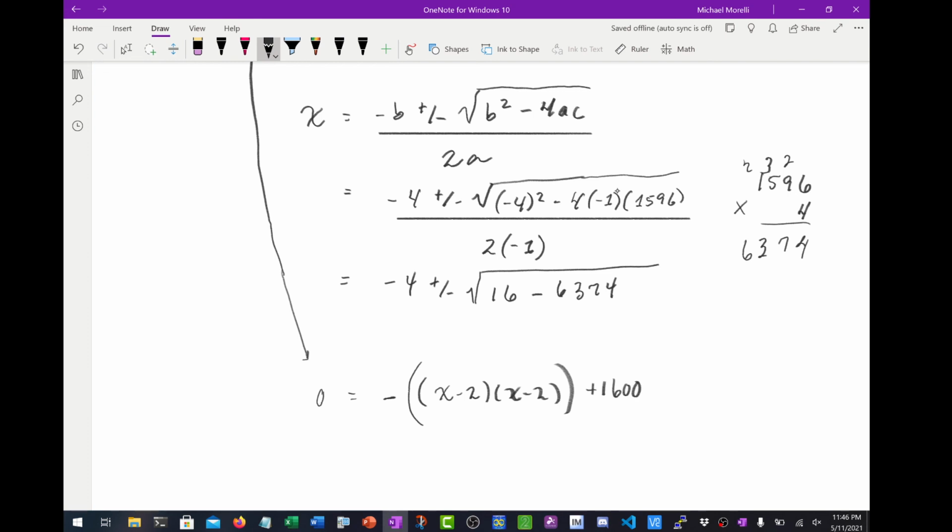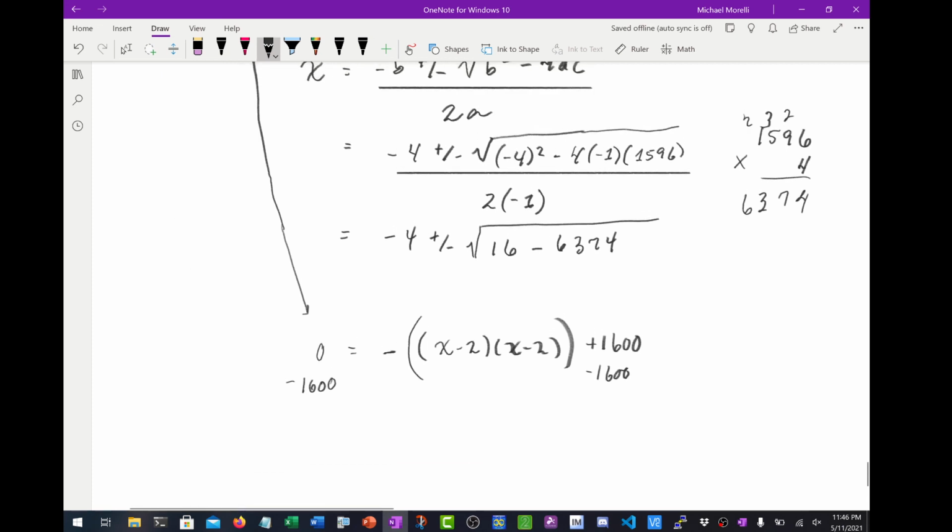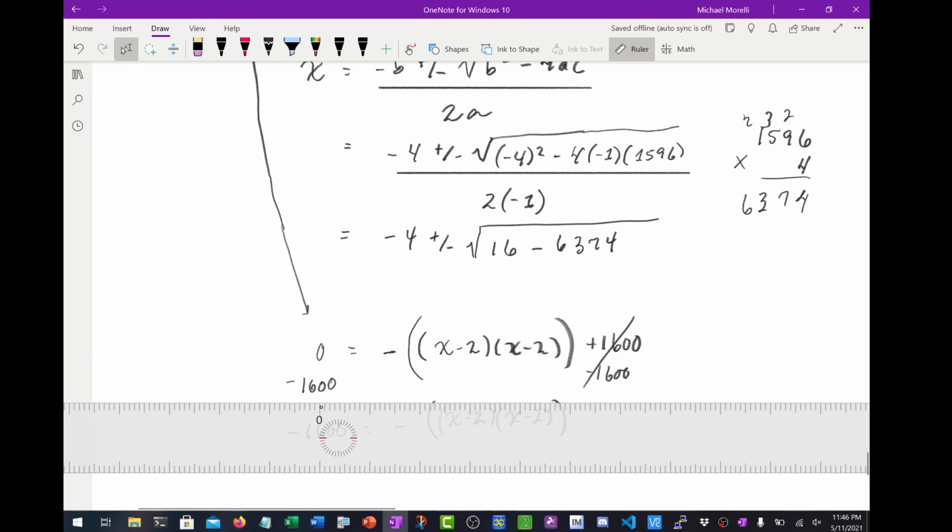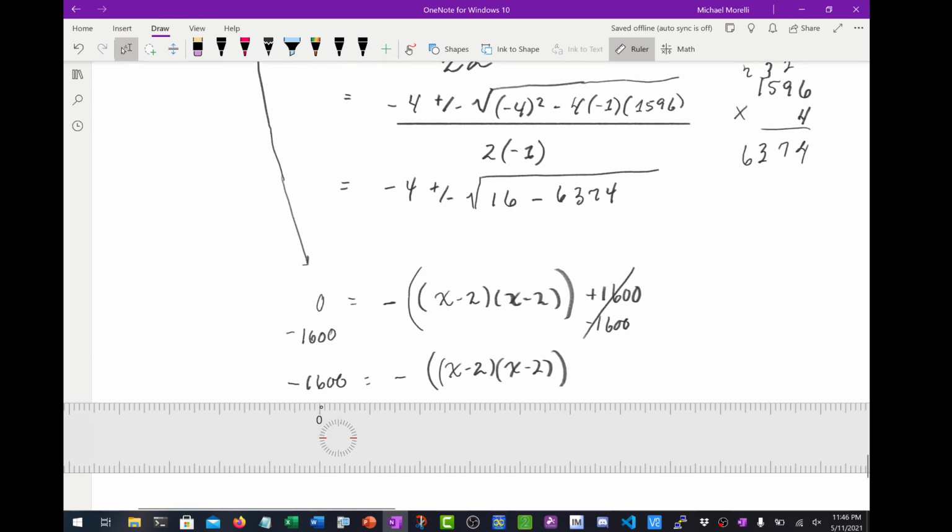Now let's say I subtract 1600 from both sides. Now I've got negative 1600 equals negative, and then this whole thing, x minus 2, and then x minus 2. And then what if I divide out a -1 here on both sides?